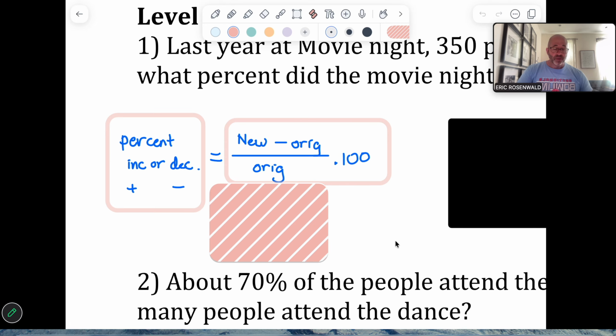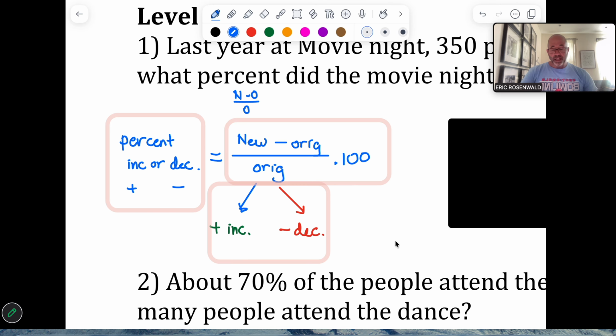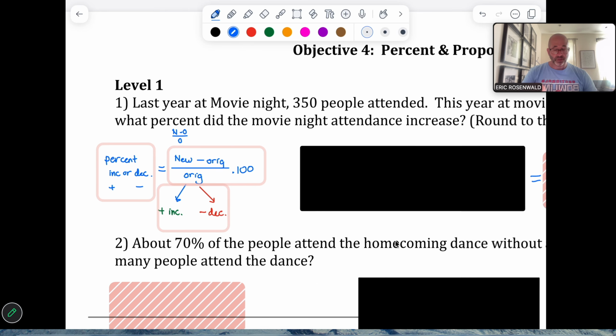And so the way to remember is I always just say, no! You know, you have the new minus the O, the original, divided by the original. So no. And again, if we end up with a positive value, this is a percentage increase that took place. And if we have a negative value, this is a percentage decrease that took place.